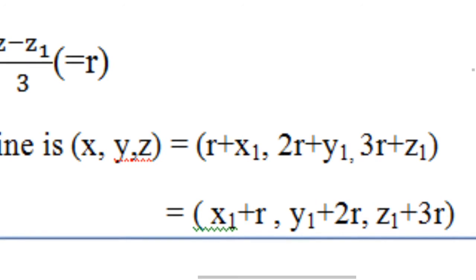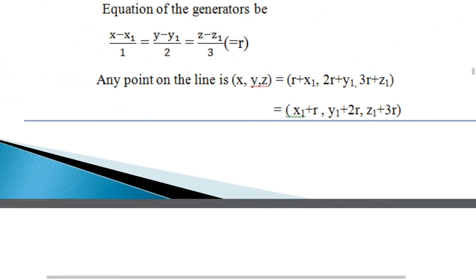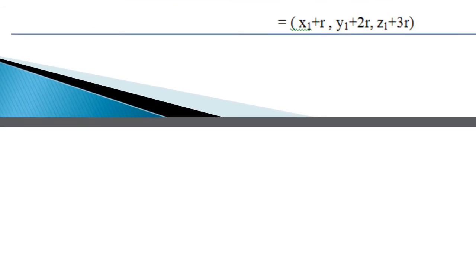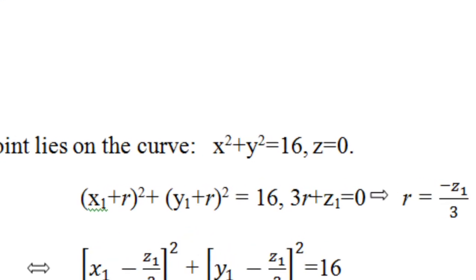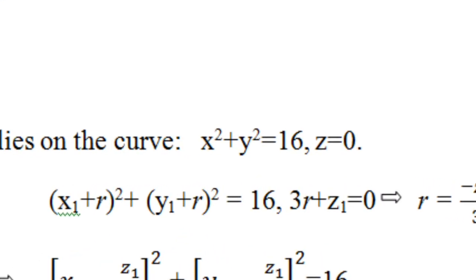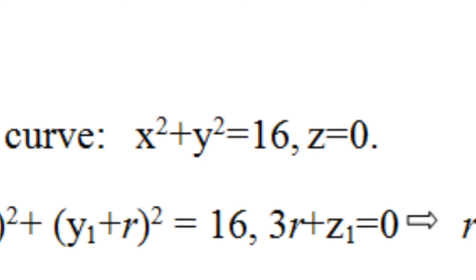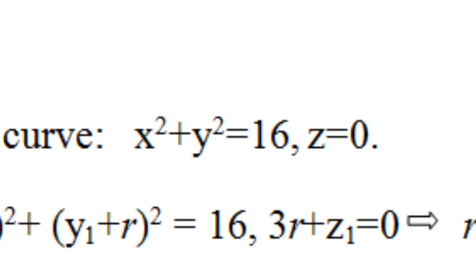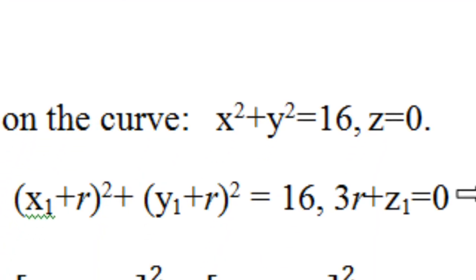After writing this, next take the given curve. What is the given curve? The curve is x square plus y square is equal to 16, comma, z is equal to 0. Now we need to substitute the values of x, y, z in this curve. Just now we found any point on the line, x is equal to x1 plus r.